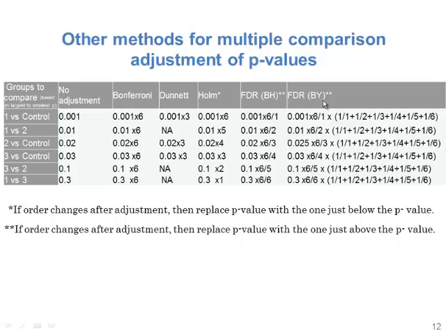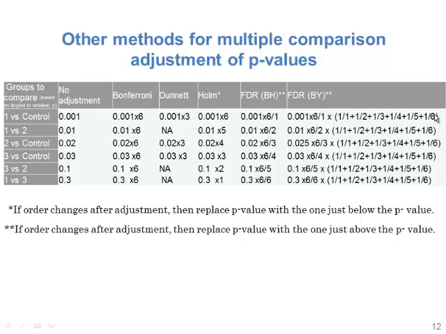Next is the Benjamini-Yekutieli method, the BY method. The FDR-BY method is the same as the FDR-BH method, except that in the BY method you further multiply by this part. Since you have 6 tests, you sum 1/1 plus 1/2, 1/3, 1/4, 1/5, and 1/6.